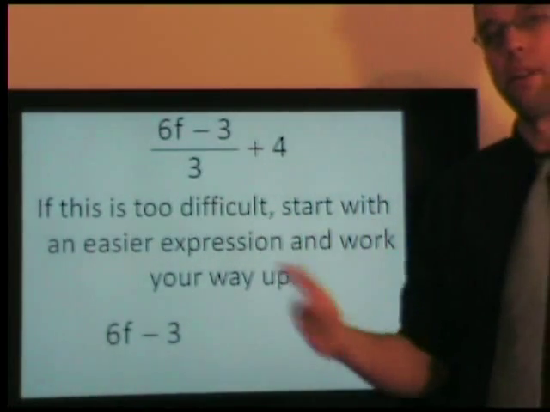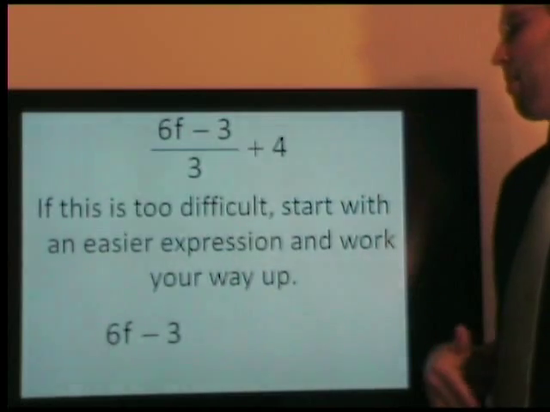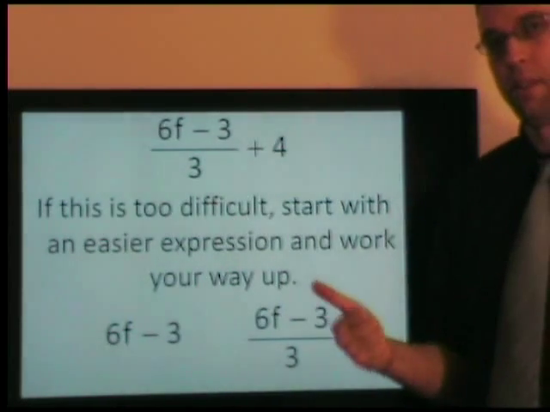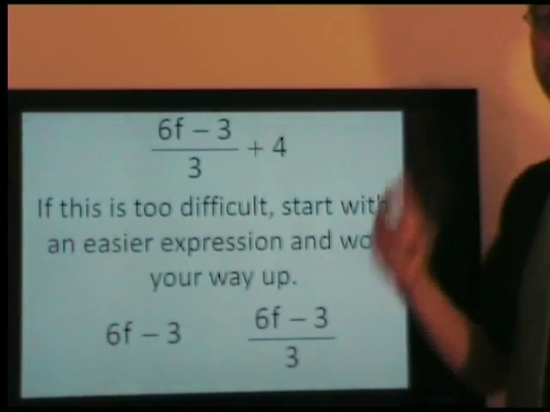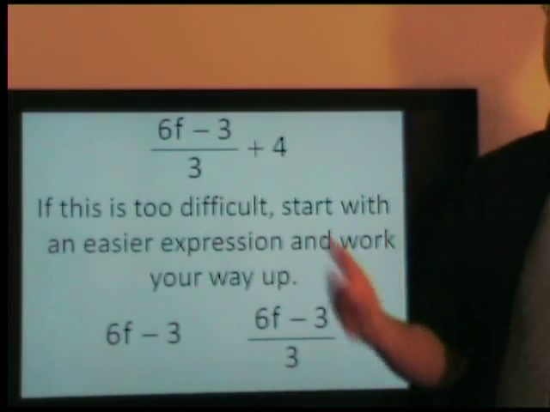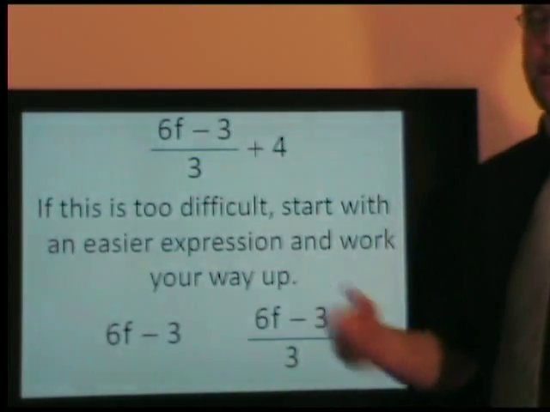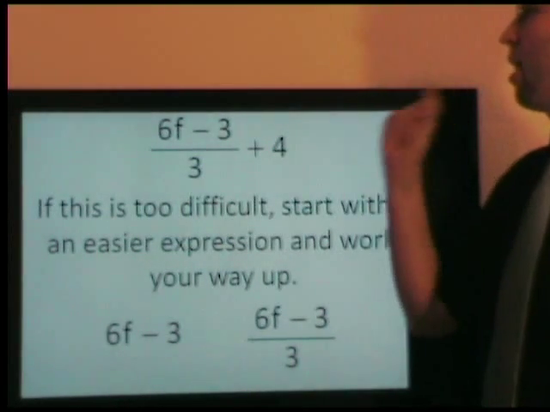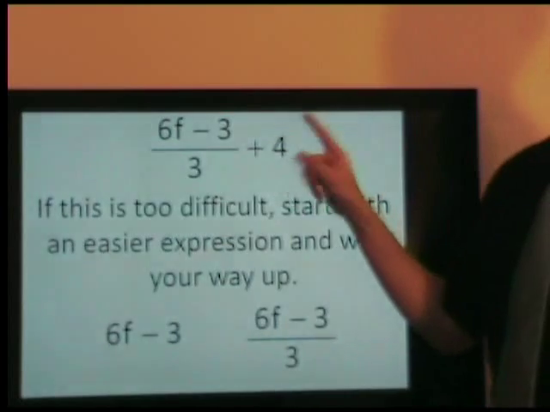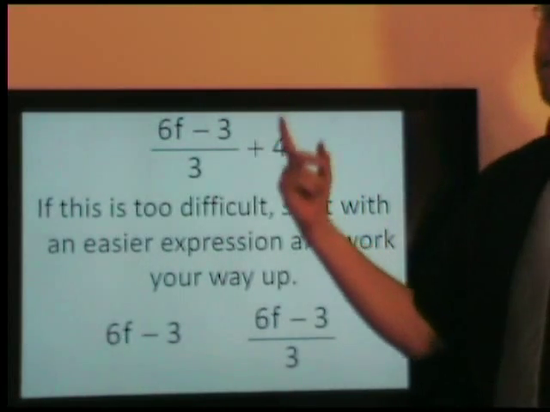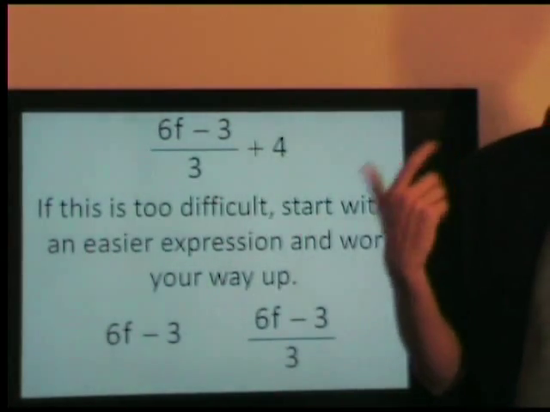Once we become good at 2-step equations, we add a 3rd step: times 6 first, minus 3 next, and divide by 3 last. Once we become good at 3-step equations, we move on to a 4th step. And once we become good at that, we just see this and we automatically know this is an equation where, if plus 4 is the last step being done to f, minus 4 is the first step to solve.